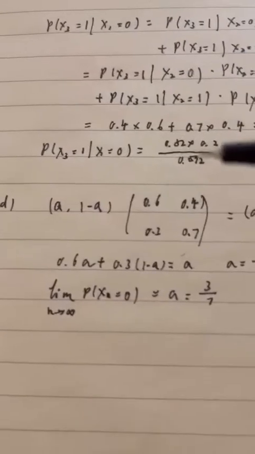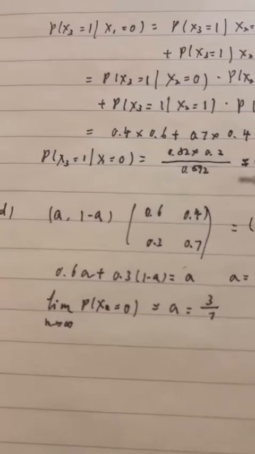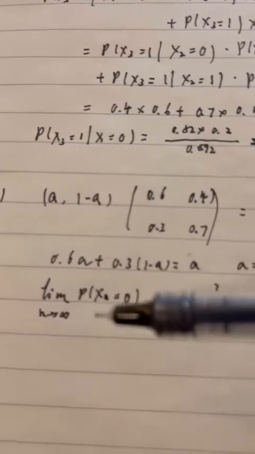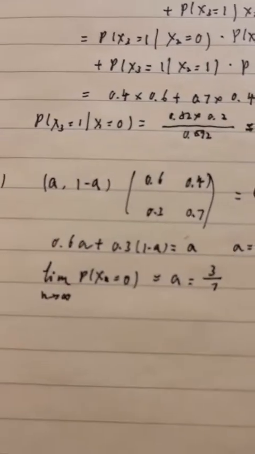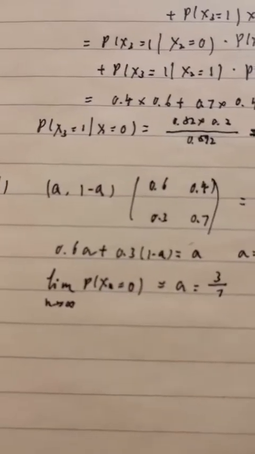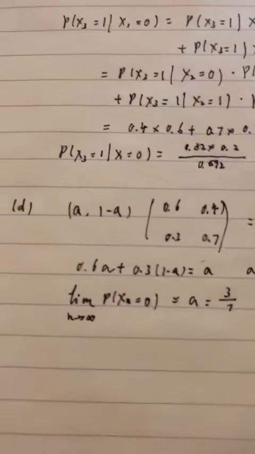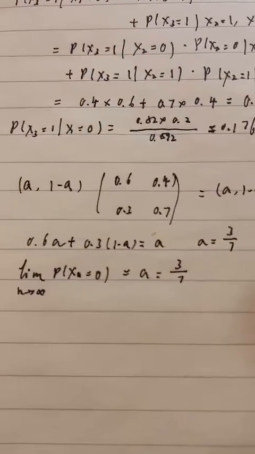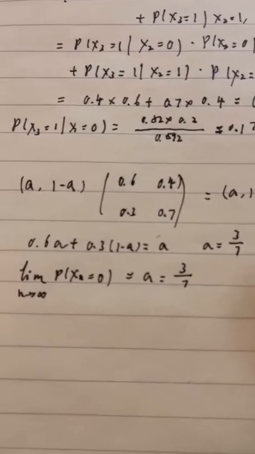And for the final subproblem, it tells us to find the limit of P(xn = 0) when n is infinite. I think we need to use the property of the Markov chain, but we haven't learned it.